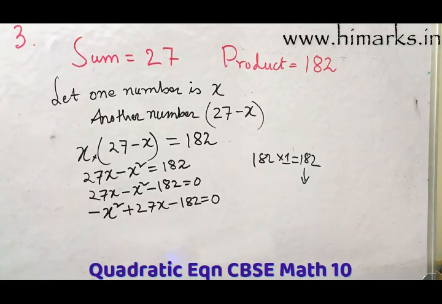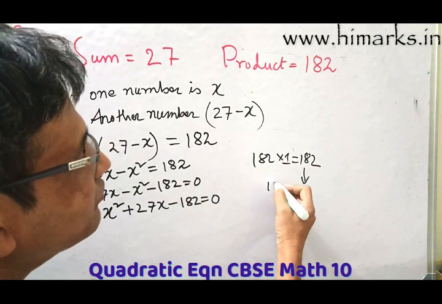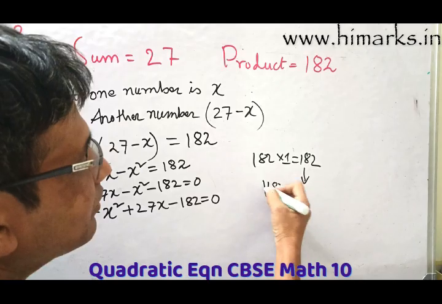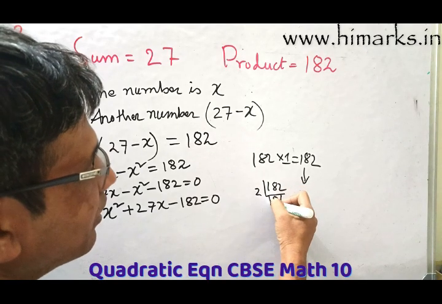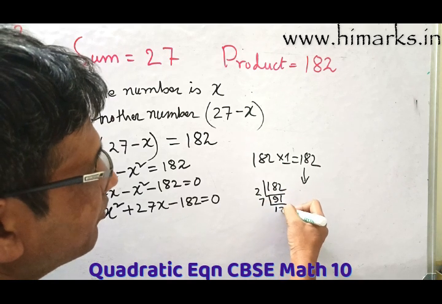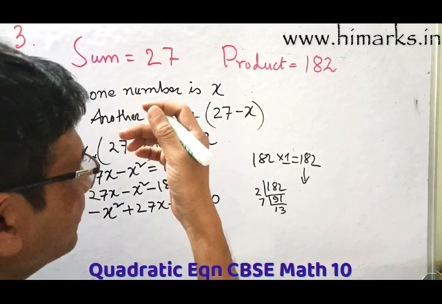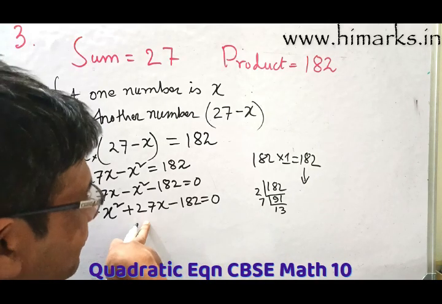Let us see how 182 can be broken. So let us do factorization. 2 into 91, and I think this is the only way you can break 91, like this. So now think about how this can be 27.